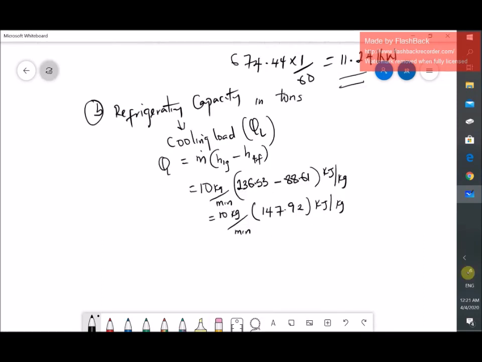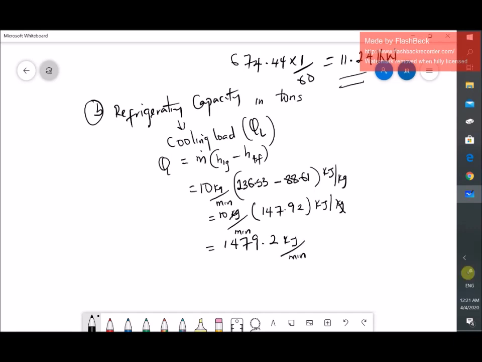Alright, the kg cancels out, so 10 times 147.92 gives us 1479.2 kilojoules per minute.